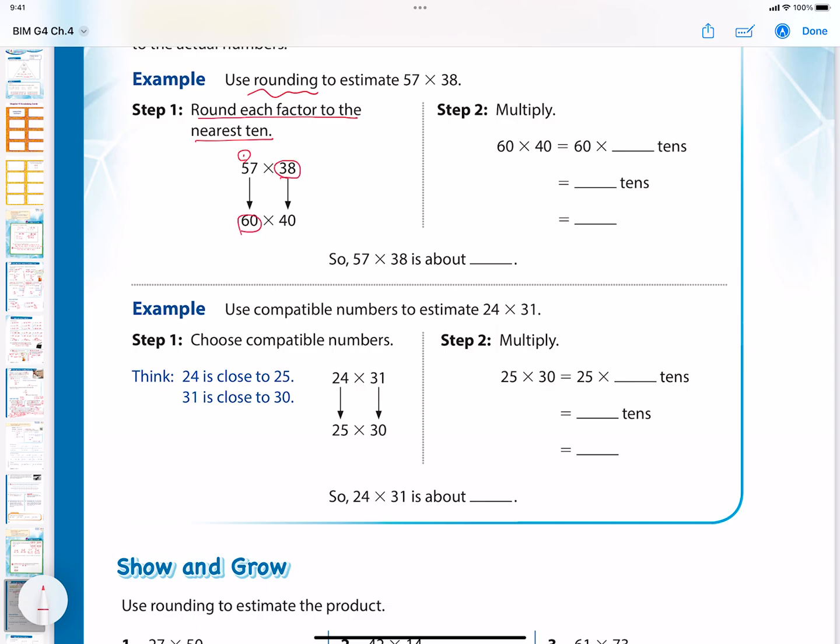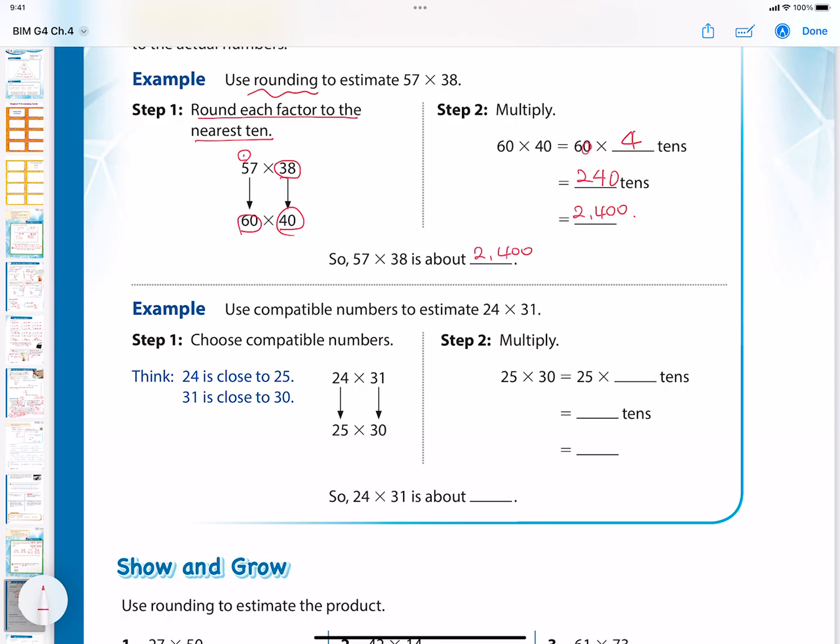And 38 is closer to 30 or 40? Yep, 40. And then multiply 60 times what? 4 tens, right? And that's going to be 24. And then you need to add what? 1 zero. So 240 tens, which means what? 2,400. Okay, so 57 times 38 is about 2,400.